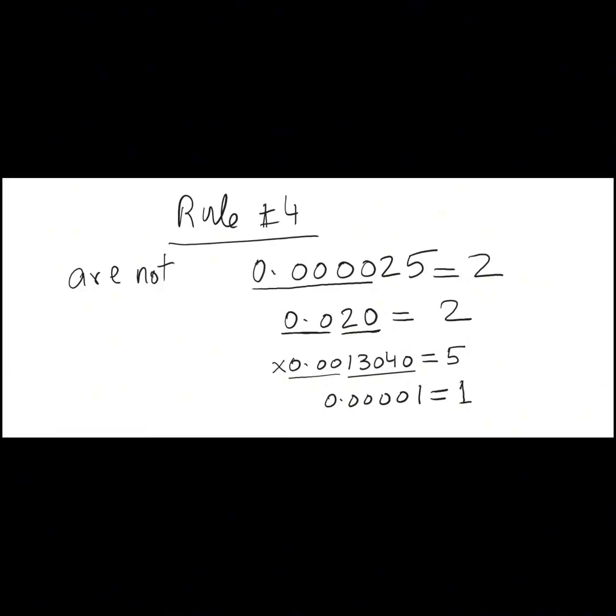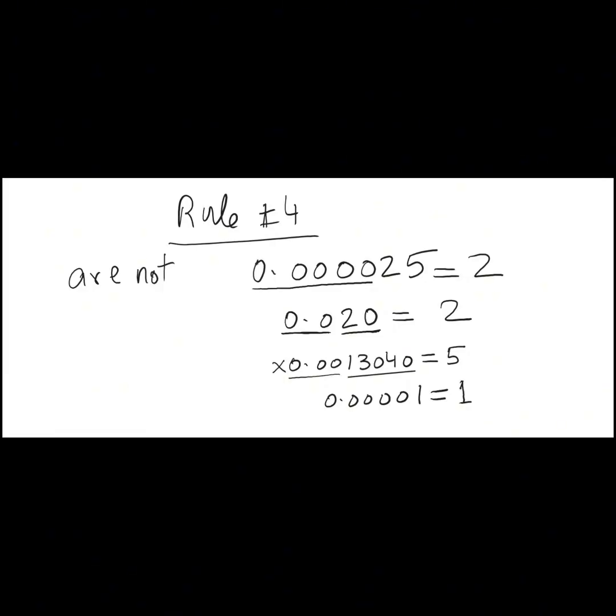Okay, at this point you know 4 rules, but how would you write them in your test or in your notes? So let's proceed, and I will give you all the notes. You can take a picture, you can copy whatever you want, and there are some examples with the notes I gave. Okay, so rule number 1, 0 is not a significant number. 1 through 9 are significant numbers.